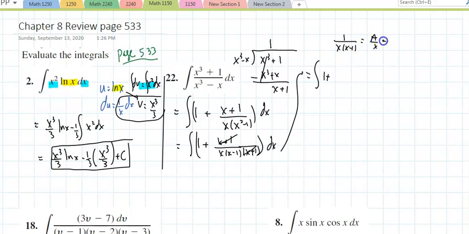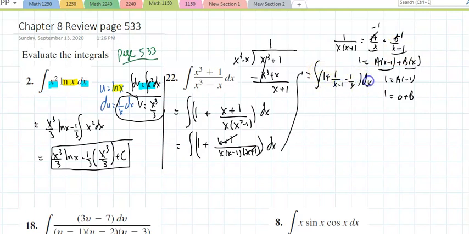That is a over x plus b over x minus 1. So 1 equal a into x minus 1 plus b into x, that's it. If I let x equal 0, I'll get 1 to equal a times negative 1, so a is negative 1. And if I let x equal 1, I'll get 1 to equal, that would be a 0, plus b, so b is 1. So this is plus 1 over x minus 1 minus 1 over x dx.